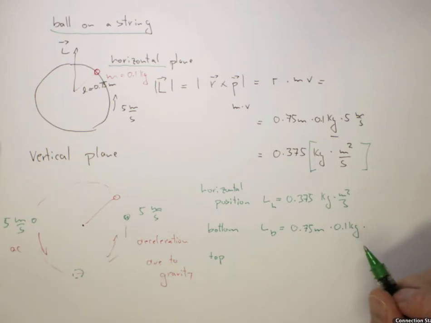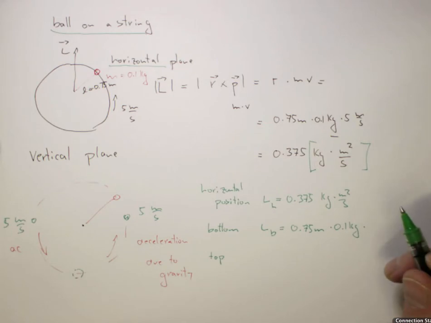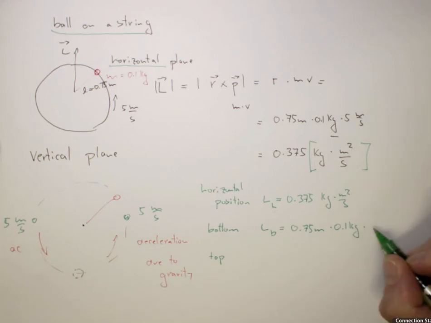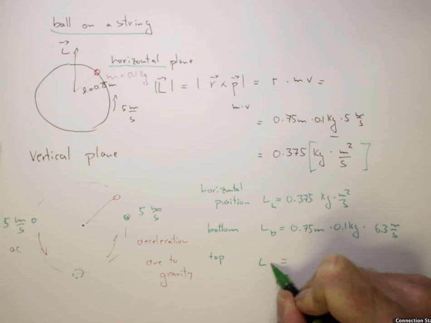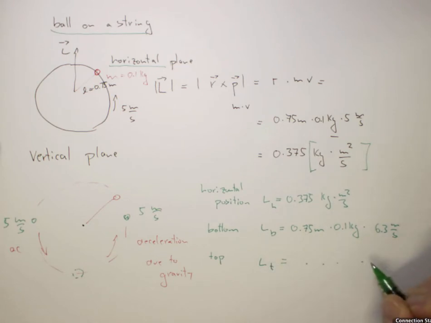And earlier we worked out that the speed at the bottom, I looked this up, is 6.3 meters per second, and then at the top we have all the same, but the speed is different, and it's 3.2 meters per second.